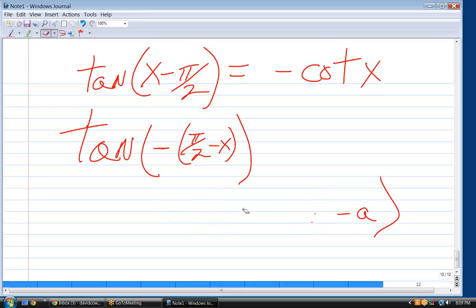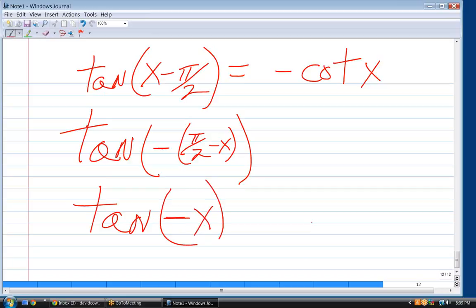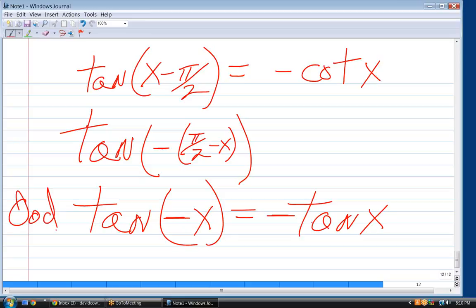Now, what we also know is that the tangent of negative x is the same as the negative tangent of x, because that's an odd function. Tangent and sine are odd. Cosine is even. So the fact that this is odd, I know that if I take the tangent of a negative angle, it's the same as negative tangent of that positive angle.